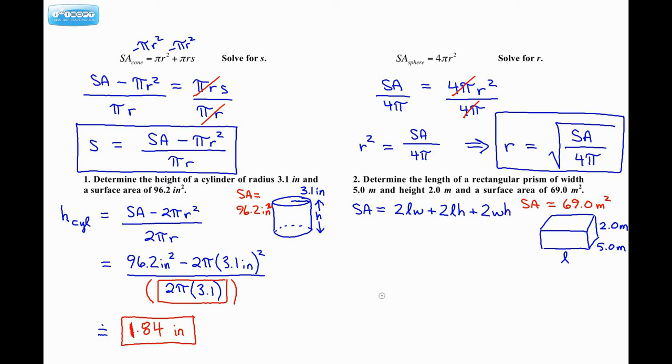Now before, what I would do is I would just rearrange this formula and solve for L. The only problem with that is right now L actually appears twice in 2 different terms. Okay?